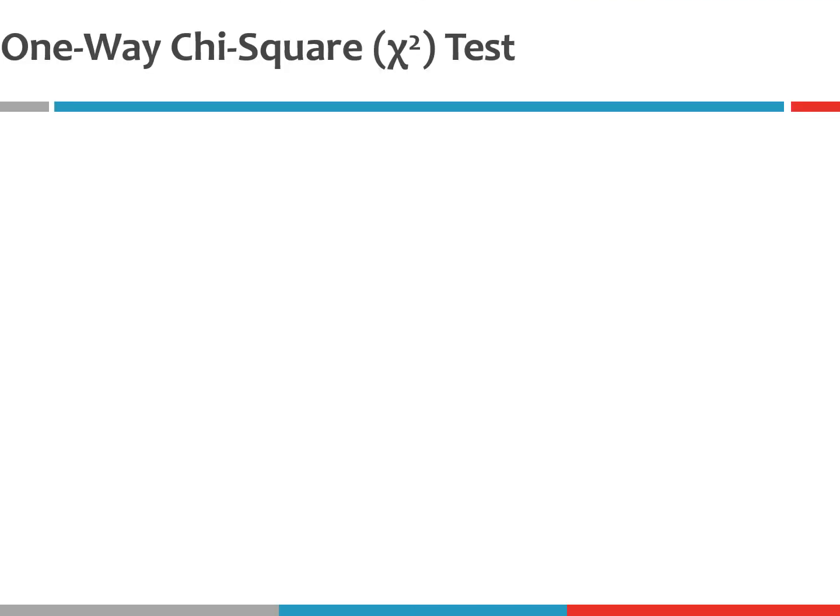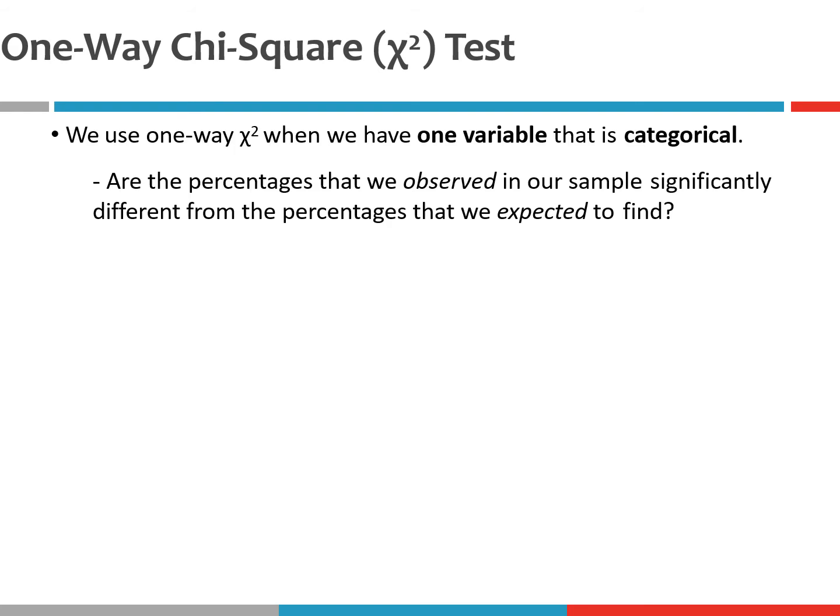So the one-way chi-square test is kind of similar to the one sample t-test, okay? But one critical difference is that when we talk about the one-way chi-square test, and by the way, chi-square is indicated by that funny little X there, so that's what that symbol notates, is the chi-square test.